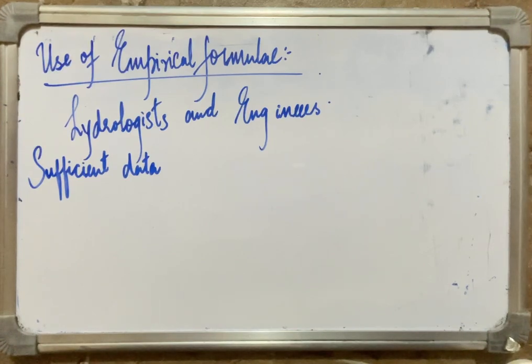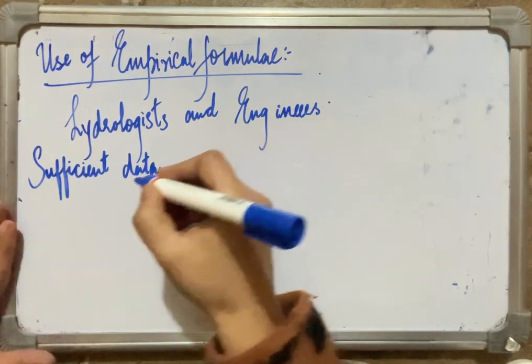We'll study the drawbacks of empirical formulae after we complete them, but here I'd like to tell you that one of the drawbacks is that each formula is applicable only to the catchment for which it is developed.